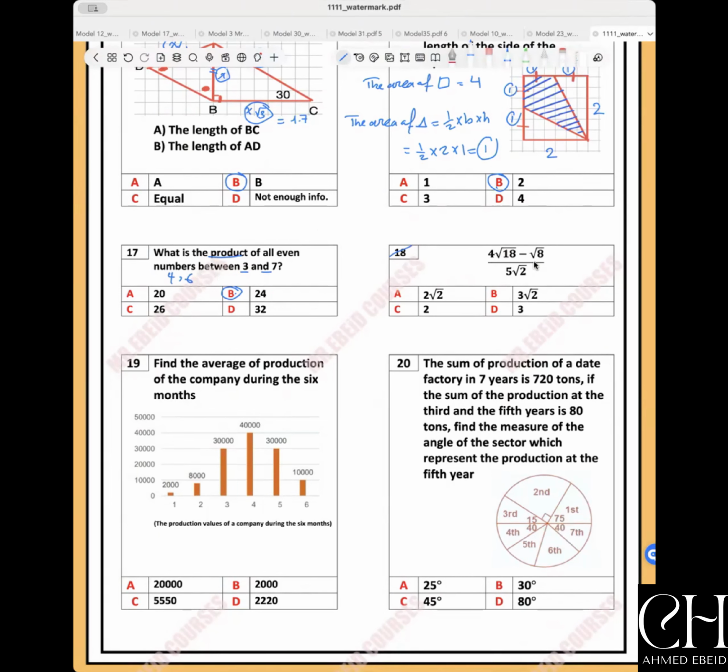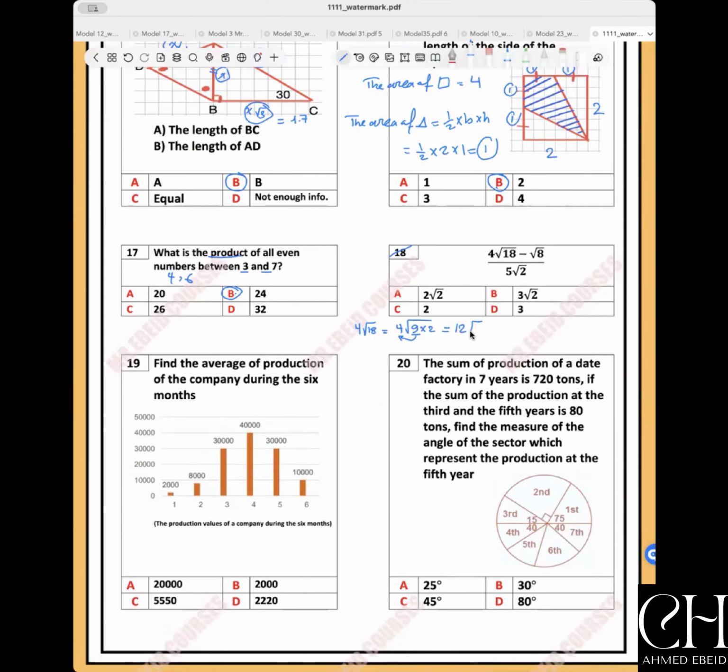Let's move to question 18. 4 root 18 minus root 8, over 5 root 2. We can rewrite 18 as 9 times 2. We can take the square root of 9 out, so it will be 3, and 3 multiplied by 4 is 12.